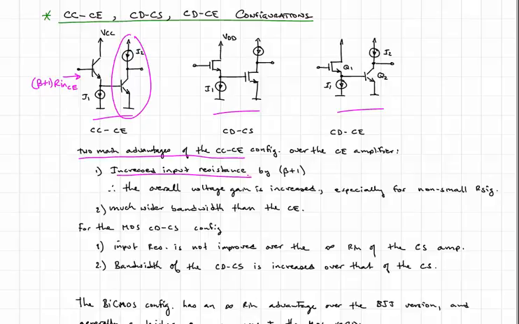And then a second benefit that might not be appreciated at this point is that there's a much wider bandwidth for this amplifier pair than for a common emitter amplifier by itself. And the clue to that, or at least I think we can get an idea of what leads to this: there is a capacitance between the collector and the base, which is not very large, but there is a multiplying effect in that a small change in the base voltage will produce a very large change in the collector voltage.